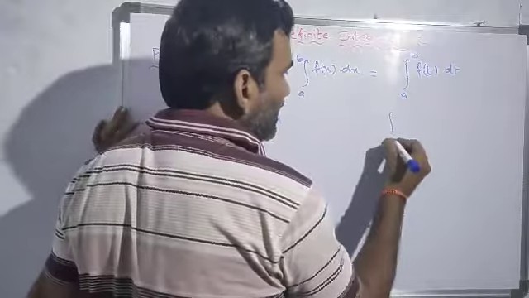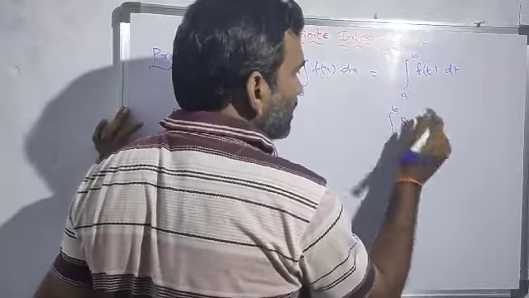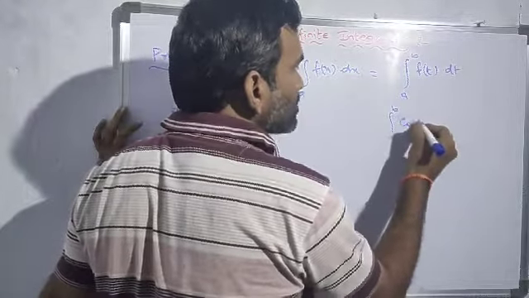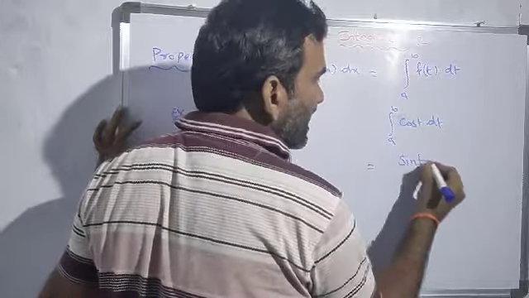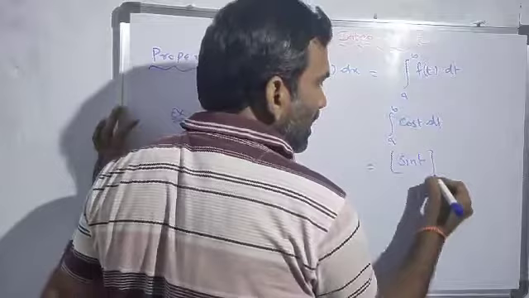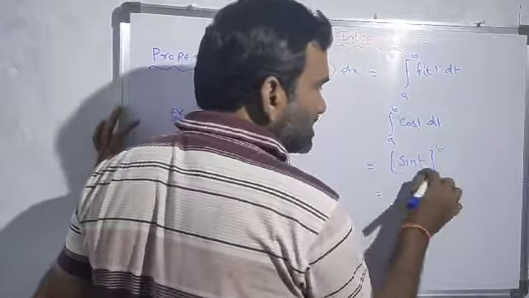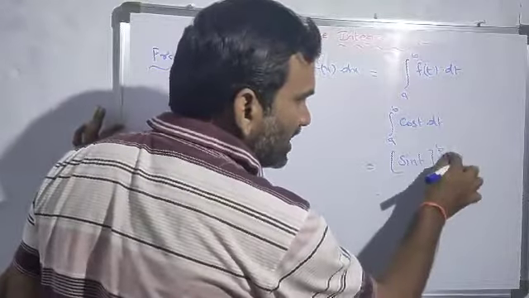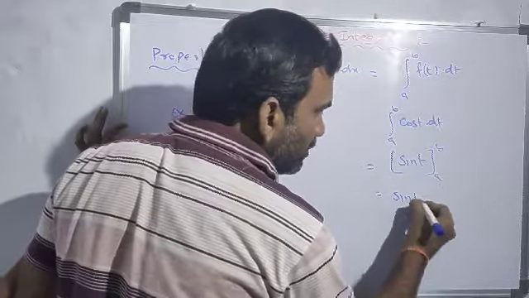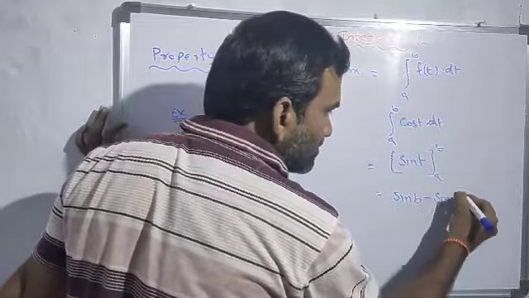Suppose I am taking the integral from a to b of cos t dt. Here also I am getting sin t. Here also I have to take a to b, where the variable is t. In this place I take t equal to b, that means sin b minus sin a.